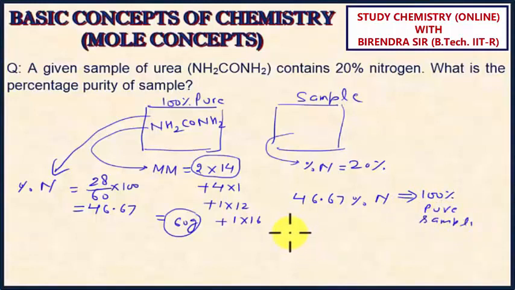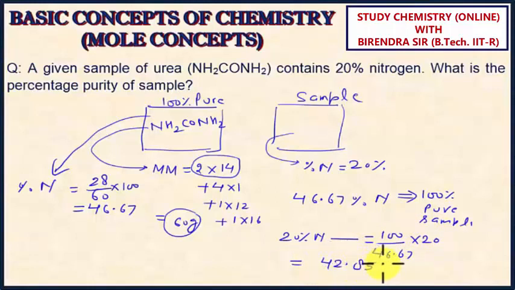So given 20% nitrogen will imply how much purity? 100 upon 46.67 into 20. If you solve, the value comes as 42.85% pure sample. My point is clear?